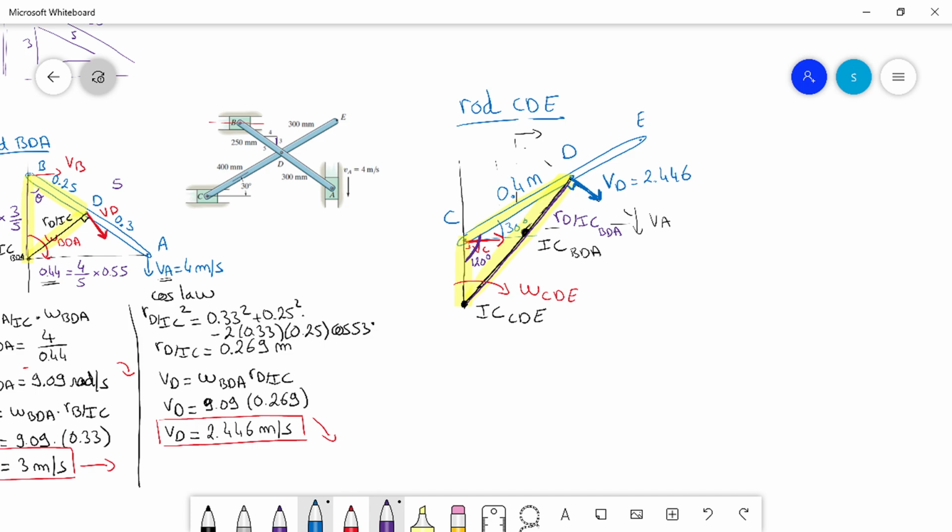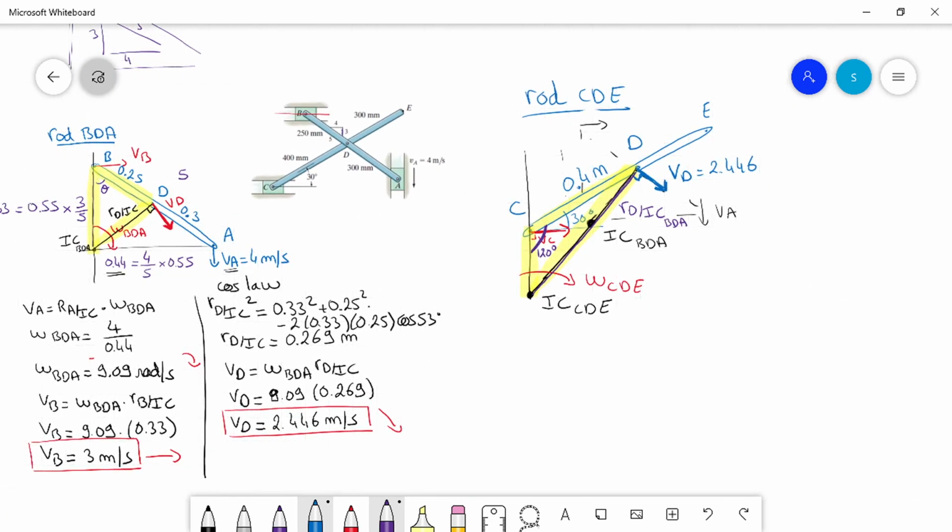And we can find this angle there. Let's call this angle beta. This angle beta is the same as this one, right? Why is it the same? That's the same angle because the ICs are aligned.